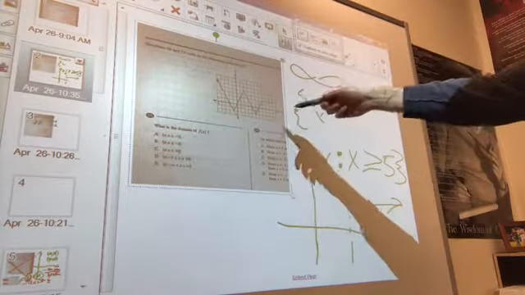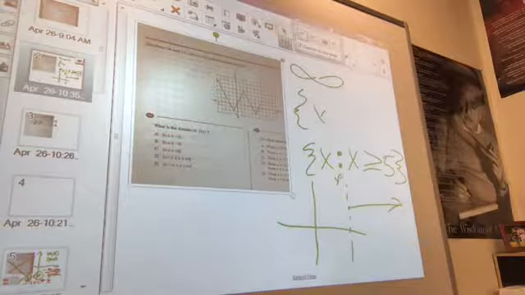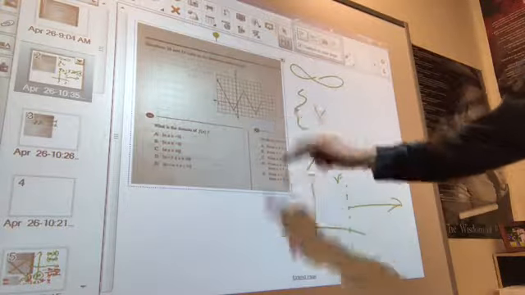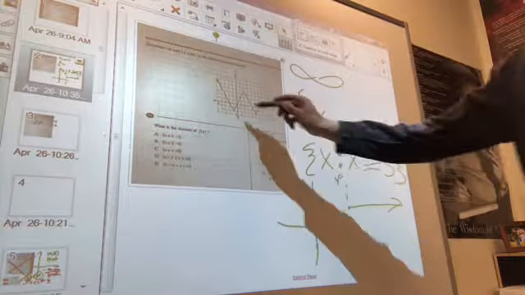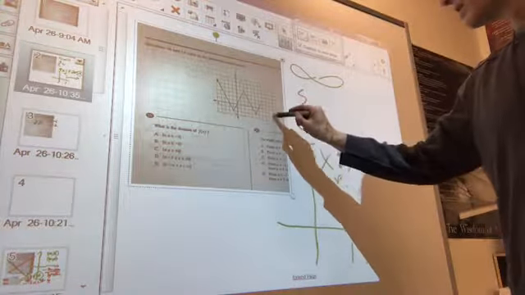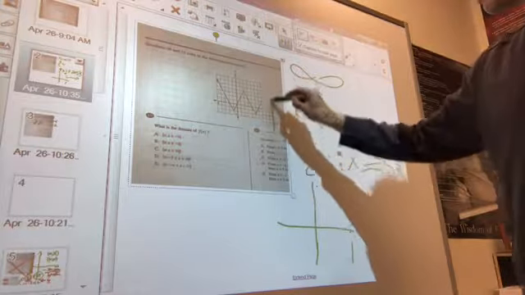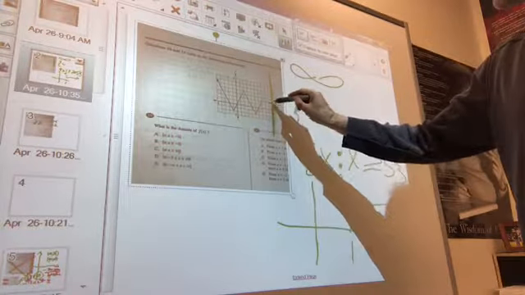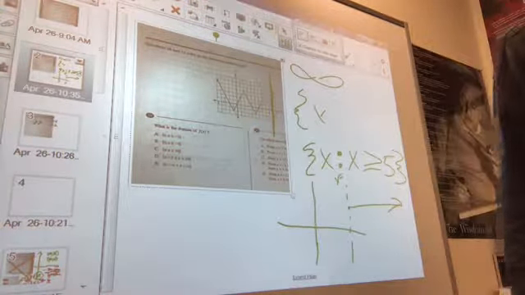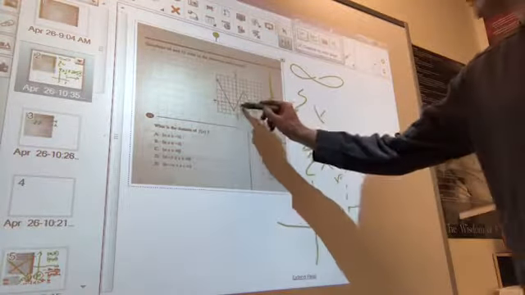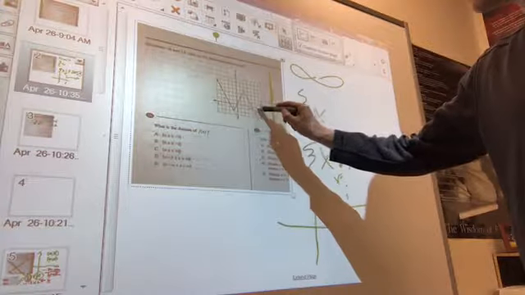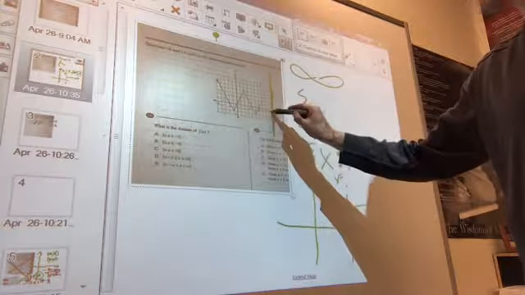And X is never bigger than what? Where's that dot? X equals what? No, this dot right here. What does X equal on that dot? 1, 2, 3, 4, 5, 6, 7, 8, 9, 10.